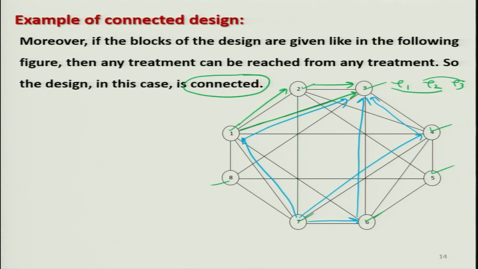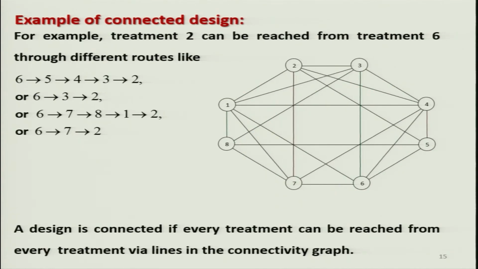Now I hope that this concept is clear, because once you see it graphically, it becomes clearer. This is what I have shown you here: if you want to go from treatment 6 to treatment 2, you can go from 5 to 4, then 4 to 3, then 3 to 2, or the other alternative is from 6 to 3 and then 3 to 2, or you can go from 6 to 7, 7 to 8, 8 to 1, 1 to 2, or from 7 to 2.